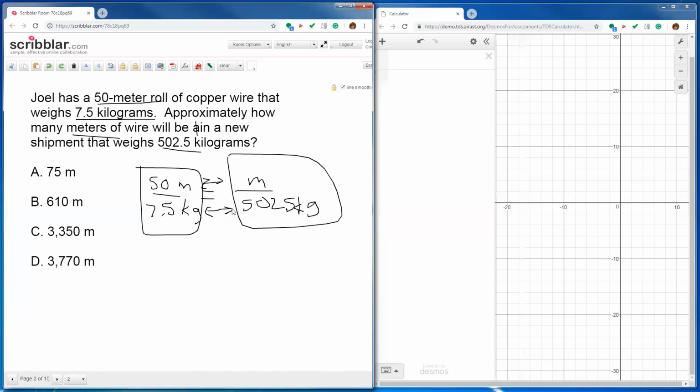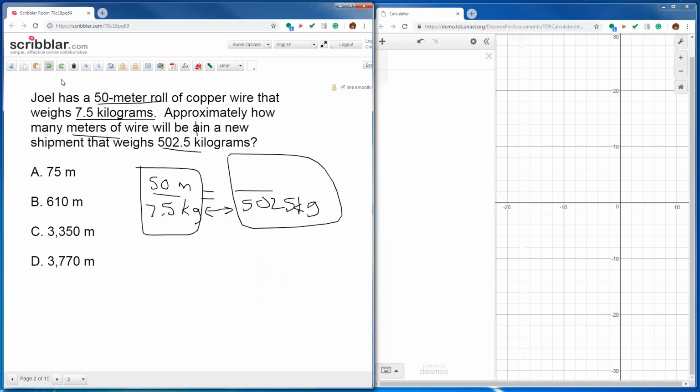So then how do we solve a proportion? It looks like division. So you have to reduce first, don't you? Reducing won't necessarily help you. You could reduce, but it's really hard to reduce a fraction that has a decimal. Right.